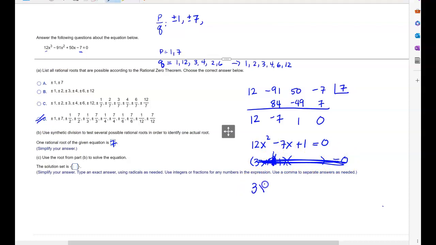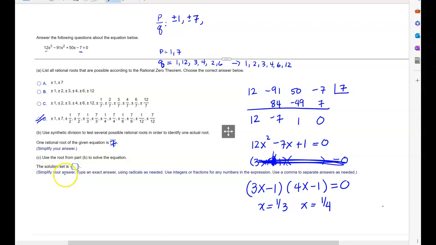So you have 3x minus 1 times 4x minus 1 is equal to 0. So those are the factors. You can check and then equate each factor to 0. So you have x equals 1/3 and x is equal to 1/4. Those are the remaining zeros.